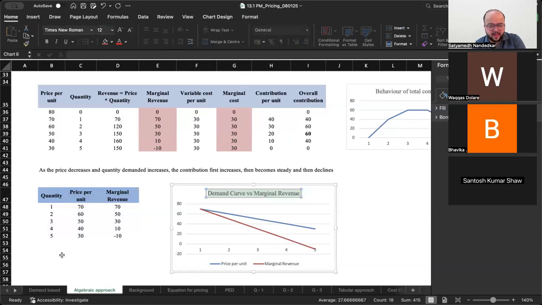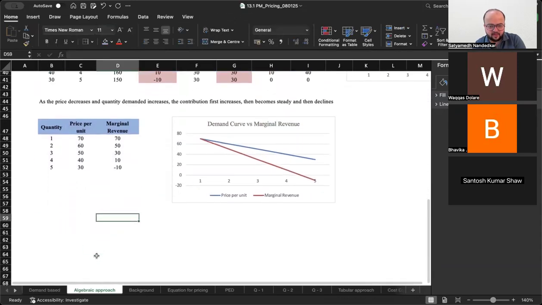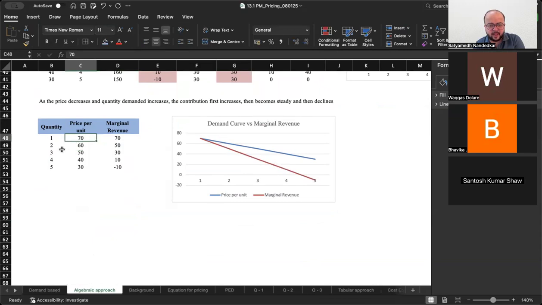You see, at the highest level of price, and when the least possible quantity was demanded, marginal revenue and price were the same, but price declined by 10, 10, 10, 10. ये 10 से कम हुआ, but marginal revenue ज्यादा rate से कम हुआ. ठीक है, 70, 50, 30, 10, -10, 20, 20, 20, 20 से कम हुआ.